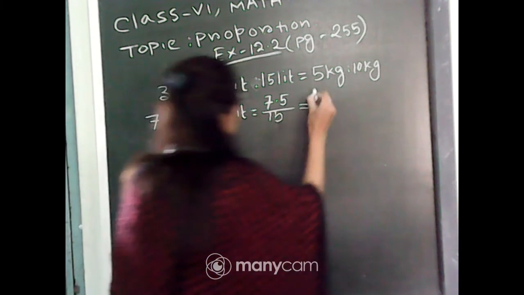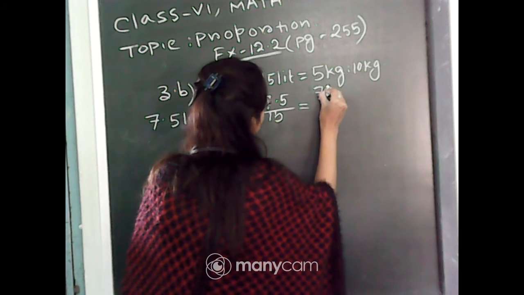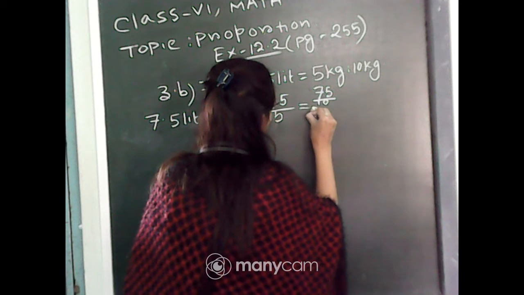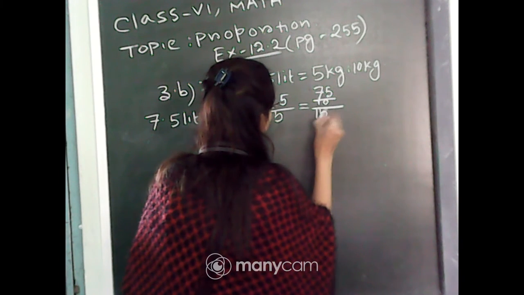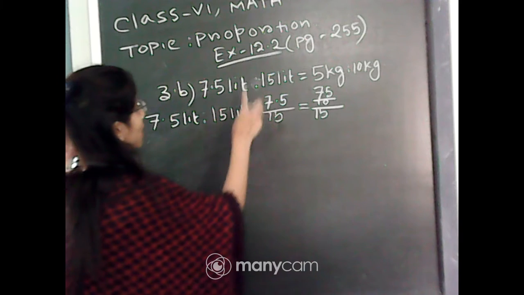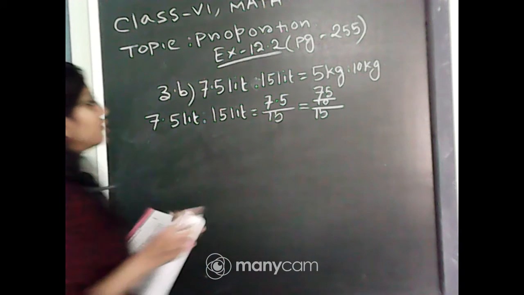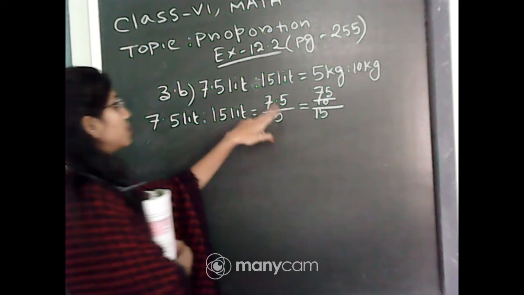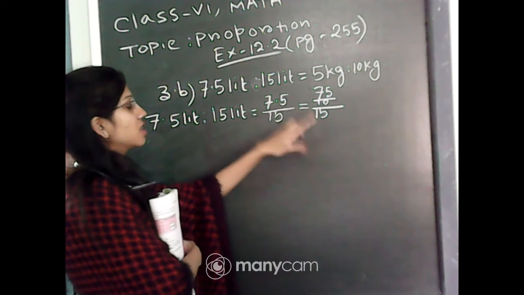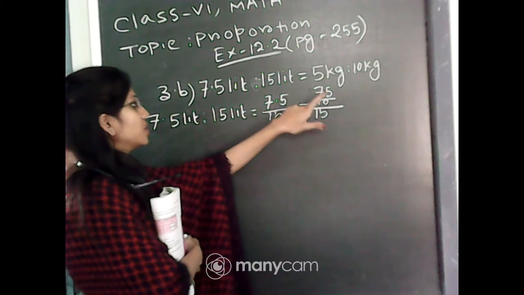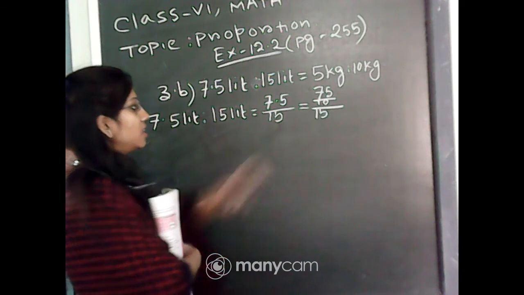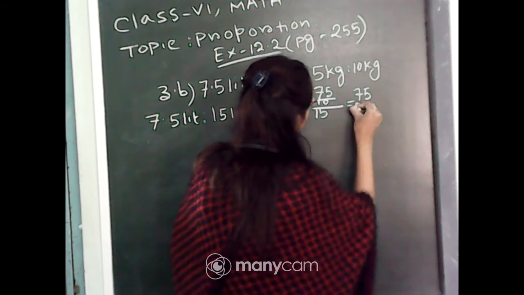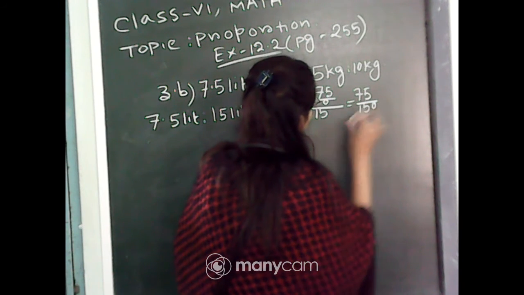Now, 7.5 can be written in the fraction form as 75 divided by 10, so this is equal to 75 divided by 150.